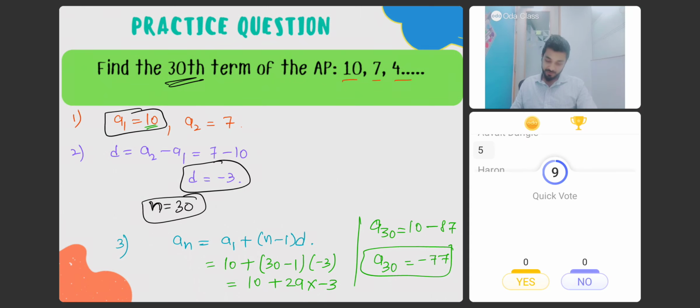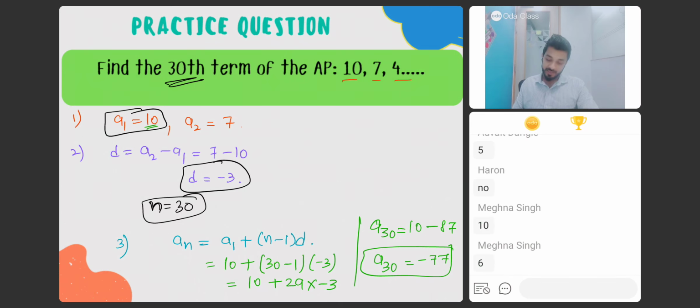Are you able to understand, everyone? Do not make any calculation mistake. I'll repeat this question again, but do not make any calculation mistake. I could see that so many students were writing 97. Guys, this is minus 3 because the common difference is negative.